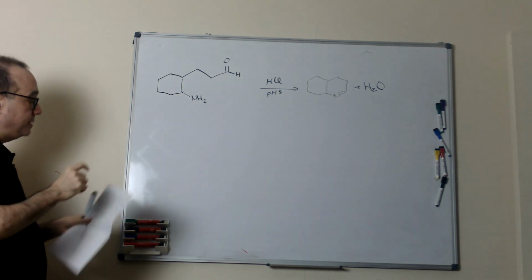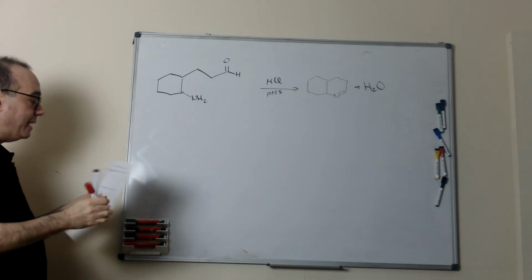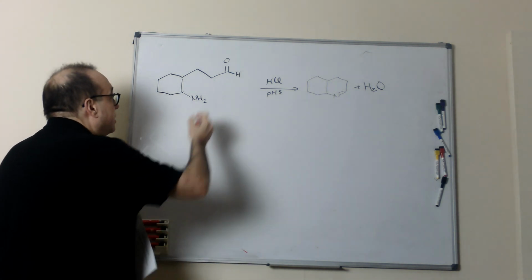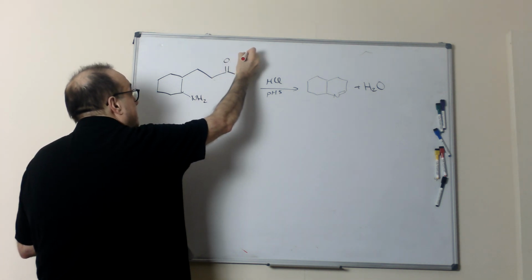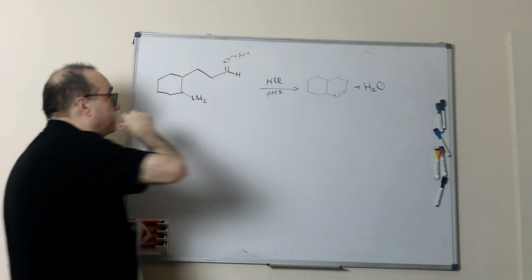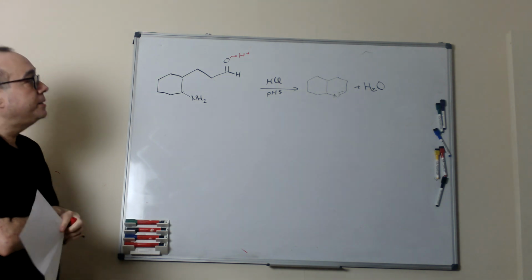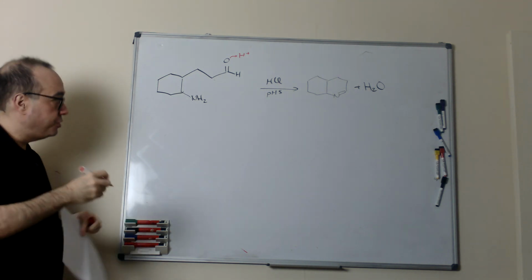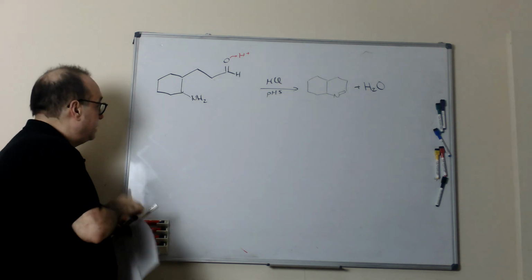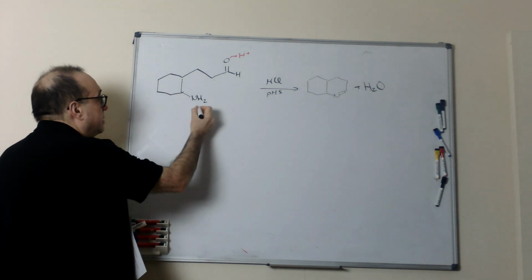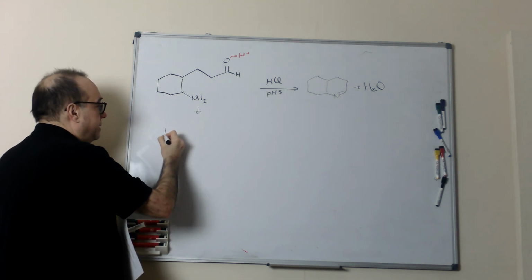Well, if we are in acid media, the first thing that we will do will be the protonation of the carbonyl group to generate this intermediate.